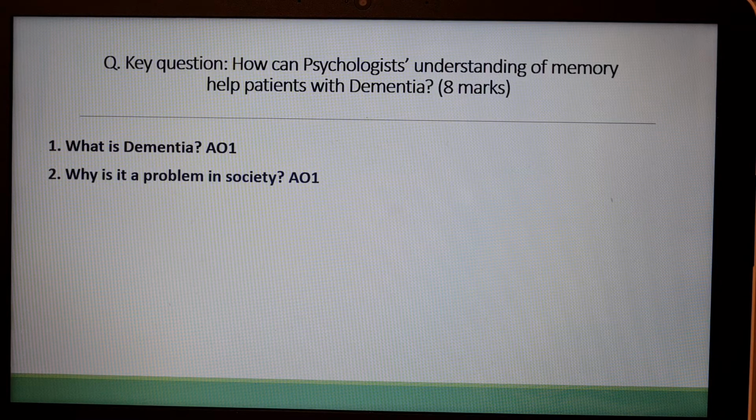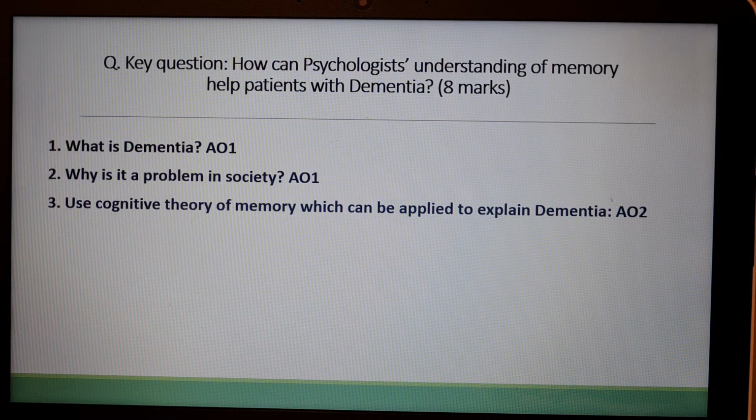It's a problem in society because over the years there has been an increase in rates of dementia, and by I think 2025 we expected to have 1 million people with dementia. And it's a problem because people struggle with everyday tasks, and family are struggling to look after their loved ones. So talk a little bit about why it's a problem in society, who it affects, what the consequences of dementia are. All of those are descriptive.